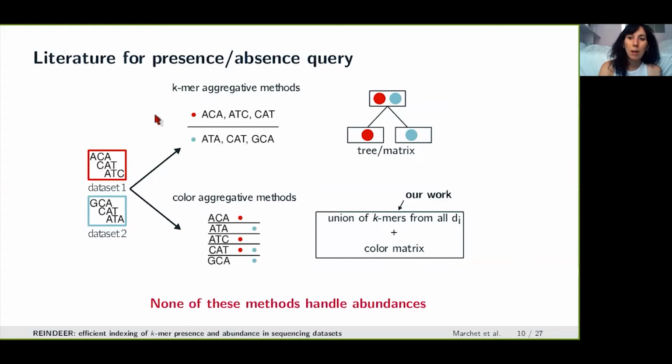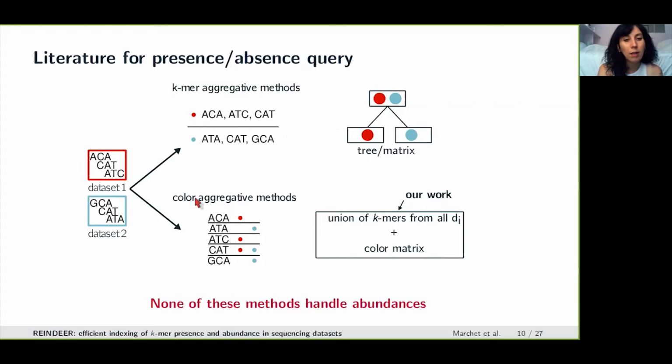So the first type of methods are k-mer aggregative methods, meaning that for each of the datasets, they represent the set of k-mers independently. And then they organize all those sets in another structure that allows to do quick queries, such as, for instance, a tree.